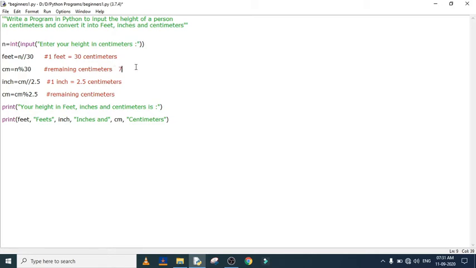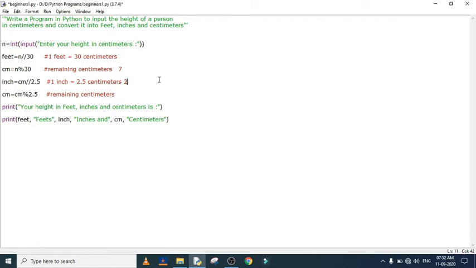So 7 floor divided by 2.5, the answer will be 2. The remaining centimeters will not be considered here because we have used floor division, which gives you the quotient. The value of inch here is 2.